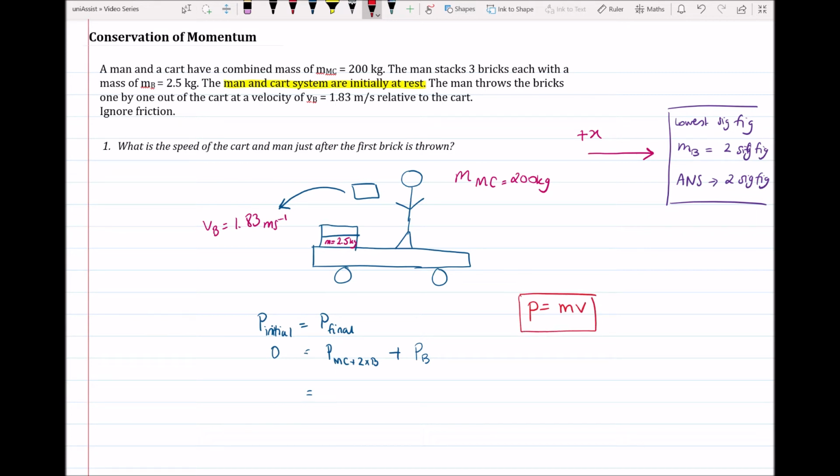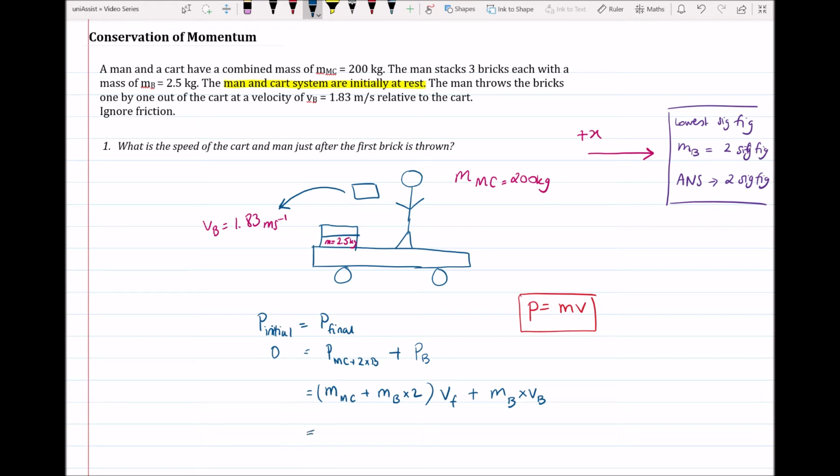So that's just my general equation. So now this is equal to mmc plus my mass of my 2 bricks, because we've got 2 of them, multiplied by the velocity of the system, which we'll call Vf, plus my mass of the brick that I'm throwing out, multiplied by the velocity of the brick.